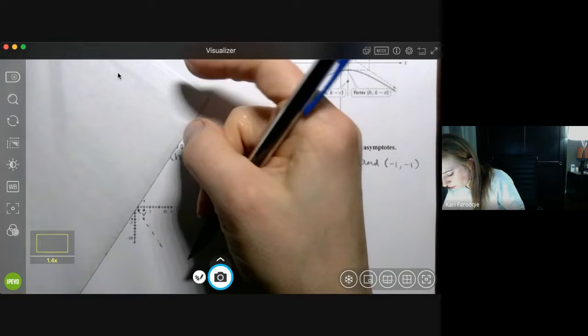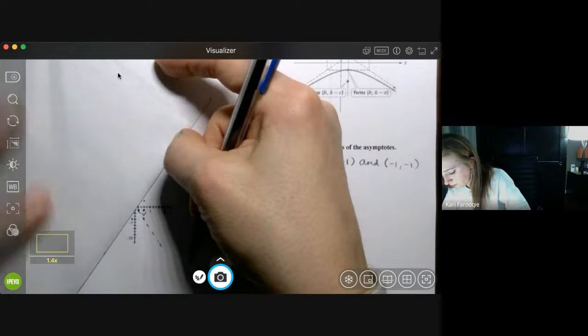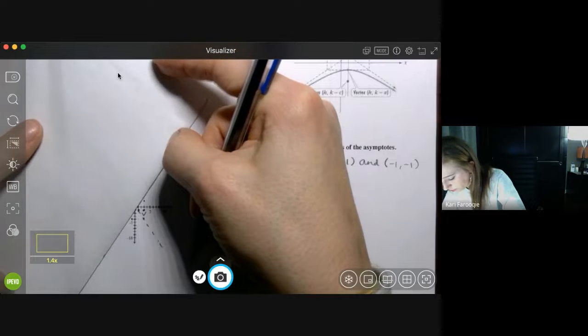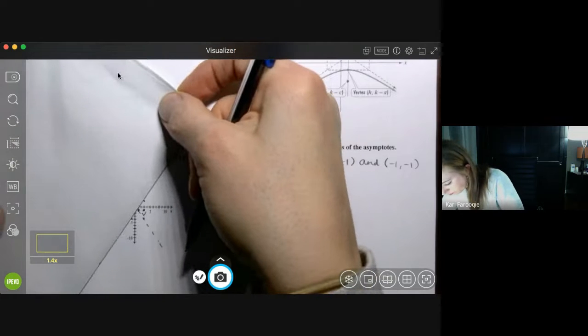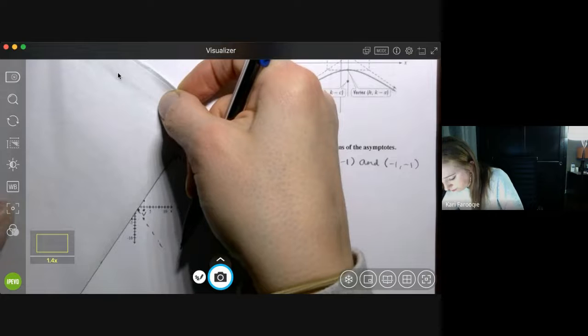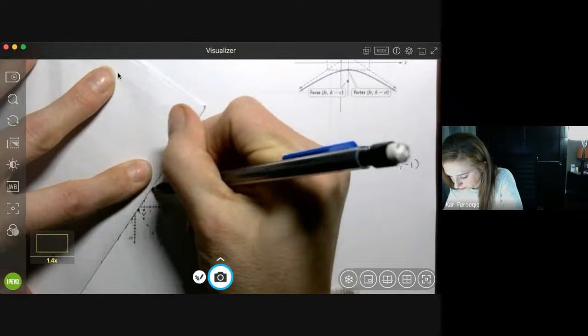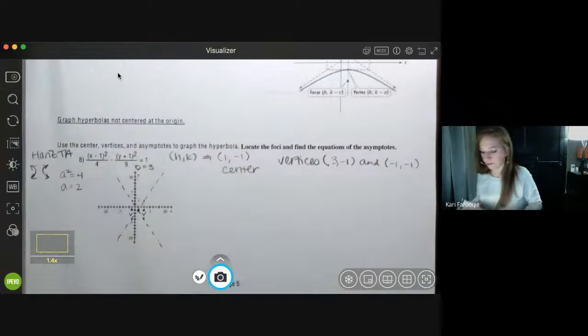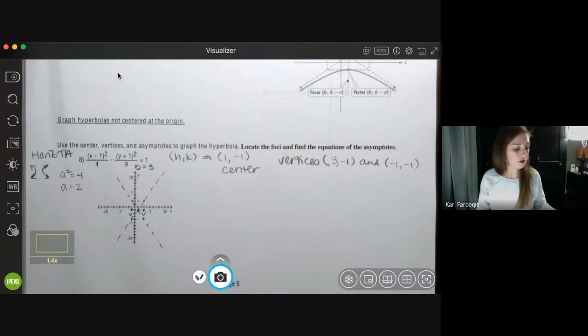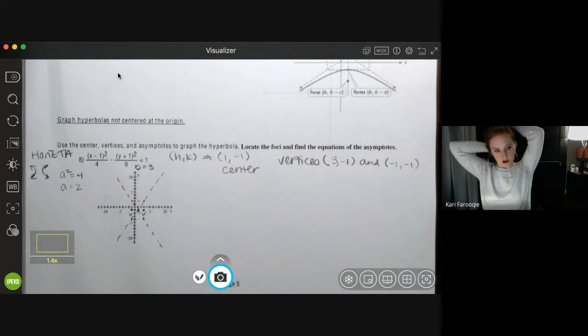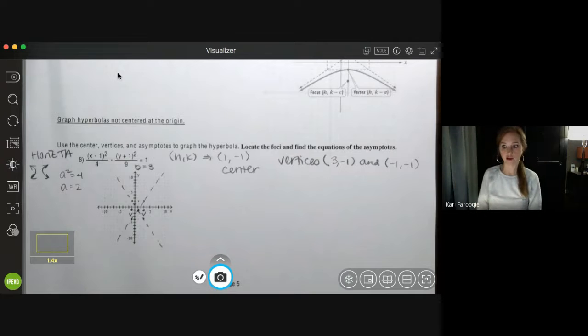So we do have a little bit more work to do here. I'm going to line up my corners. And remember that your asymptotes should not be solid lines. They should be dotted lines or dashed lines. They don't actually exist on your graph. They're just guides, imaginary guides.